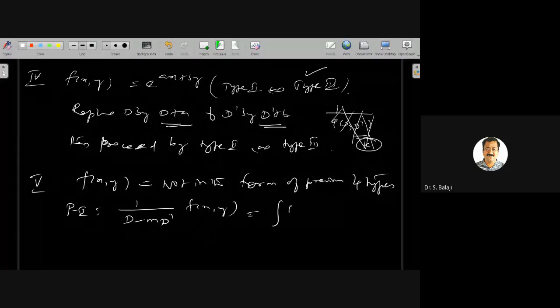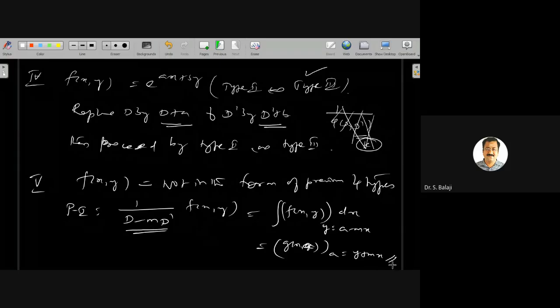That can be written as the integral of f of x, y where you replace y as a minus mx, dx. After integration, you can get g of x, a, and you replace a as y plus mx. That will be the idea. After integration you get only x and a, but again you replace a as y plus mx, because the particular integral will not involve any arbitrary constant here.